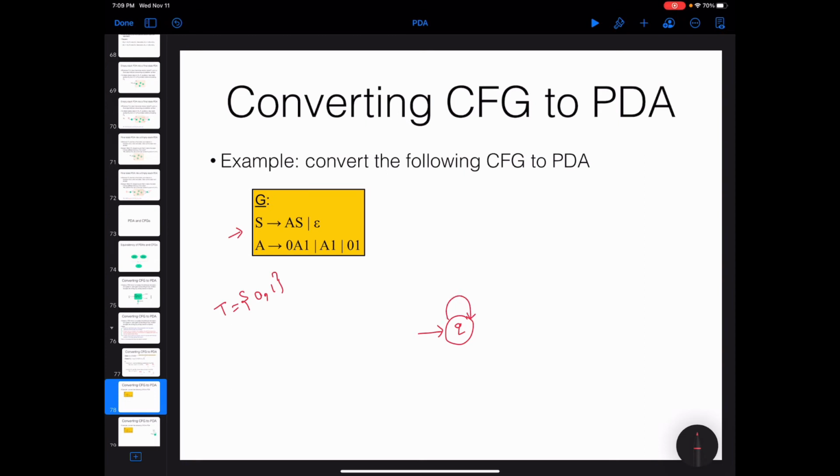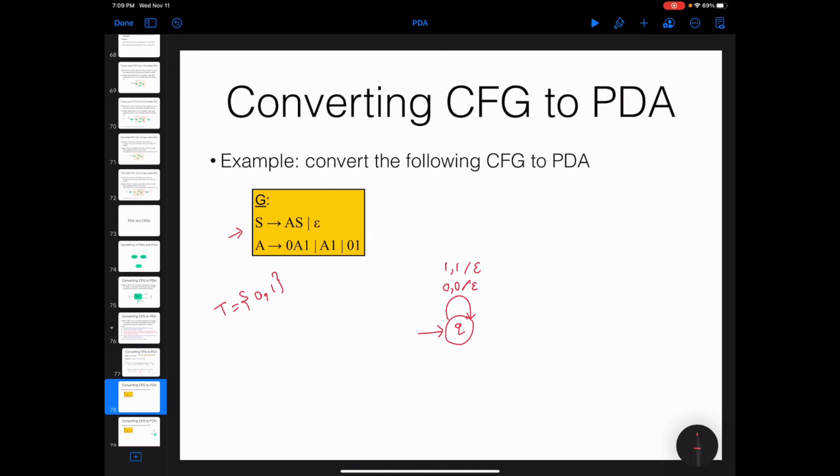That tells me that if you have seen a 0 and the top of the stack is 0, just pop it from the stack. Or if you have seen 1 in the input string and the top of the stack is 1, just pop it from the stack.